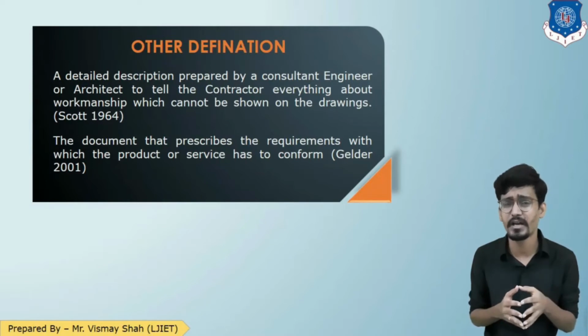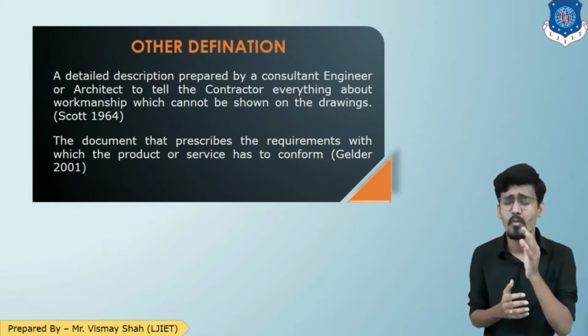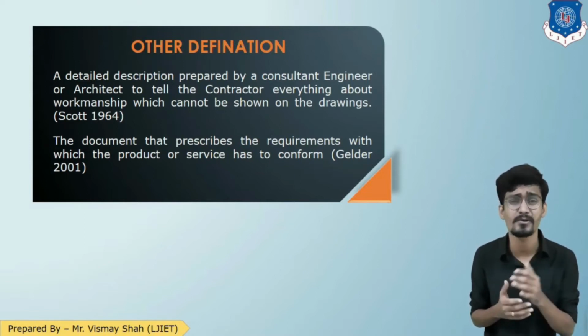The second definition as per the international standards is the document that prescribes requirements with which the product or the service has to conform. This is one of the simplest definitions I've ever come across. Why?